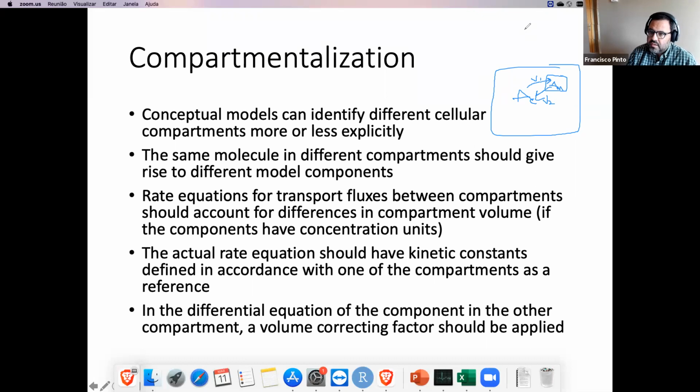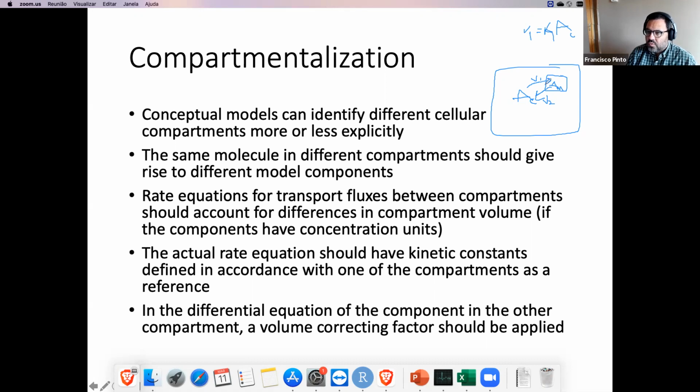For example, V1 would normally be a rate constant times the concentration of A in the cytosol. But each time the process V1 occurs, there is one molecule of A that goes away from the cytosol and appears in the nucleus.